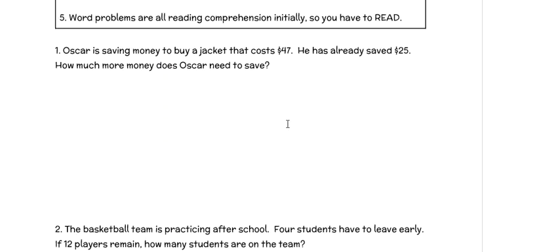Okay, so number 1. Oscar is saving money to buy a jacket that costs $47. He has already saved $25. How much more money does Oscar need to save?